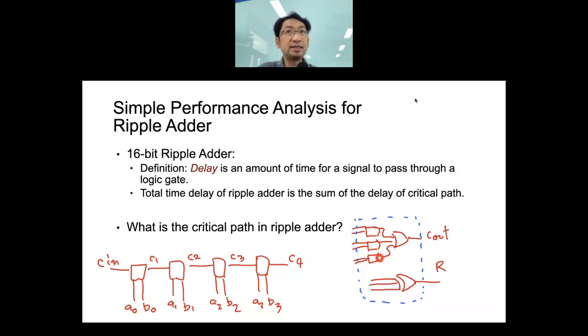All three AND gates here, when they get the signal, can produce the output theoretically at the same time. Or you can say that they work in parallel. But the output of the OR gate has to wait for the output from the AND gates. That is why we call this kind of circuit two-level AND-OR.